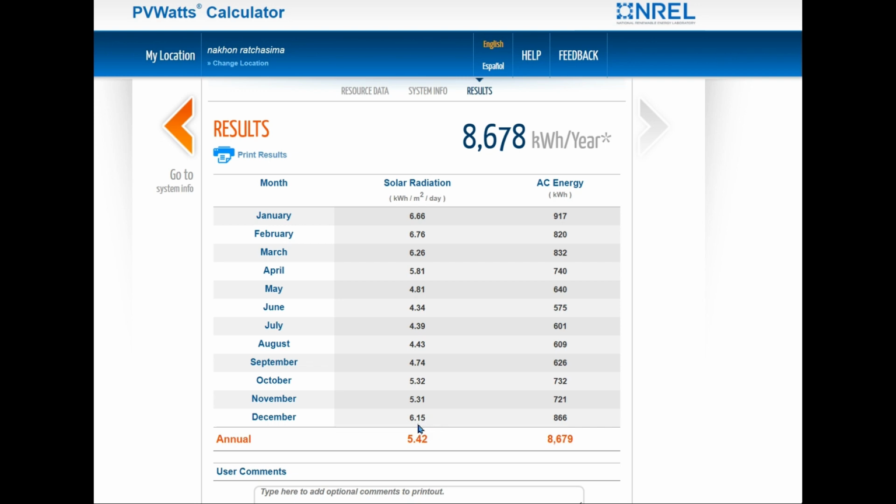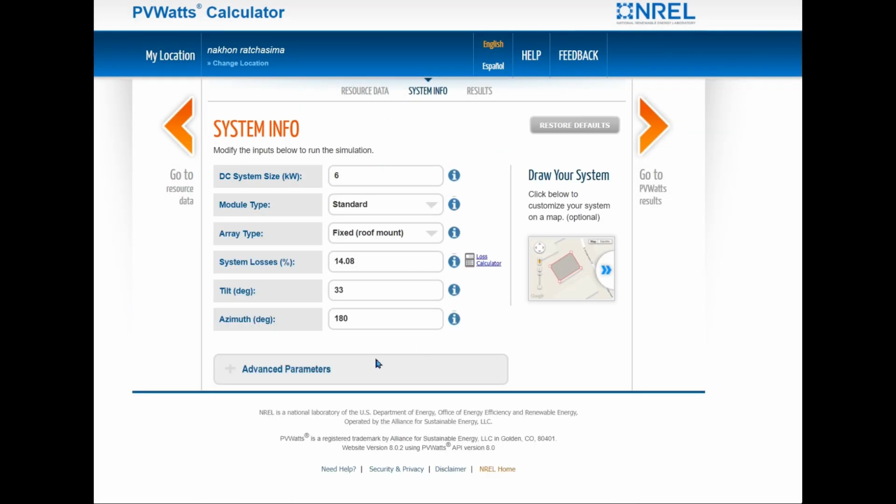So relatively speaking, you are getting more energy if you have a steep roof, steep panels in November, December. Relatively speaking, not in terms of absolute result, but you are still higher here. The relative difference is not enormous, but it's still there, so it's definitely something to have in mind.